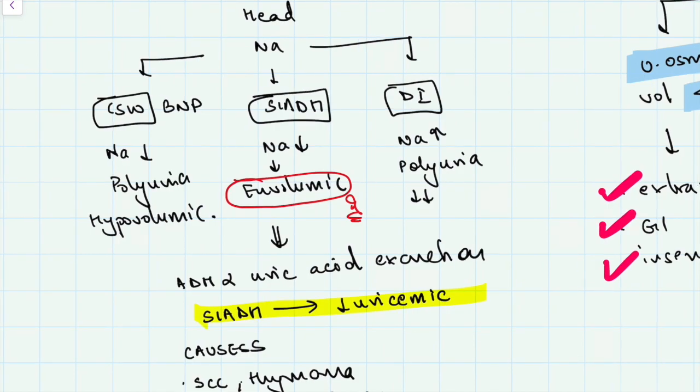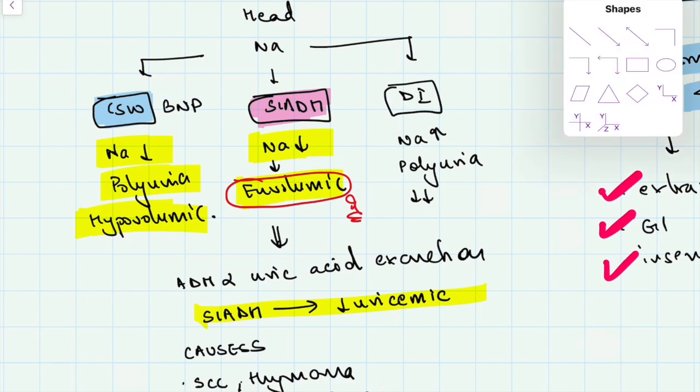So first we have cerebral salt wasting. We know there is increased secretion of BNP, which leads to a decrease in sodium by natriuresis. Also there is polyuria and hypovolemic hyponatremia. SIADH is again syndrome of inappropriate secretion of ADH, where there is euvolemic hyponatremia, right.